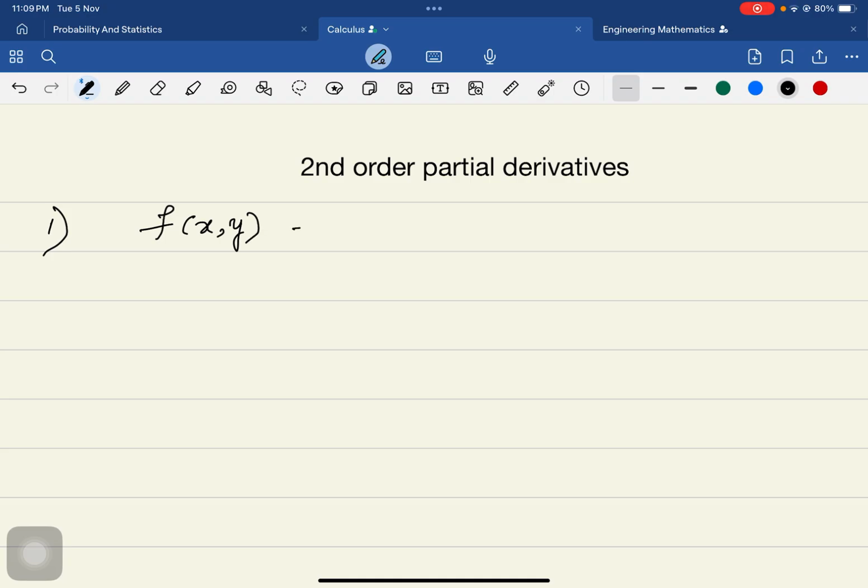So, f of x comma y is given by, suppose, x square plus y plus xy is a function. Then you have to find the second order. First, to find the second order, you need to find the first order. Fx is given by dou f by dou x, the first order partial derivative.